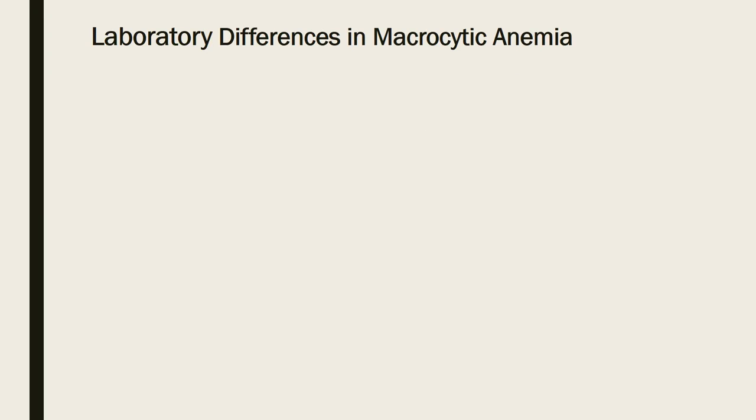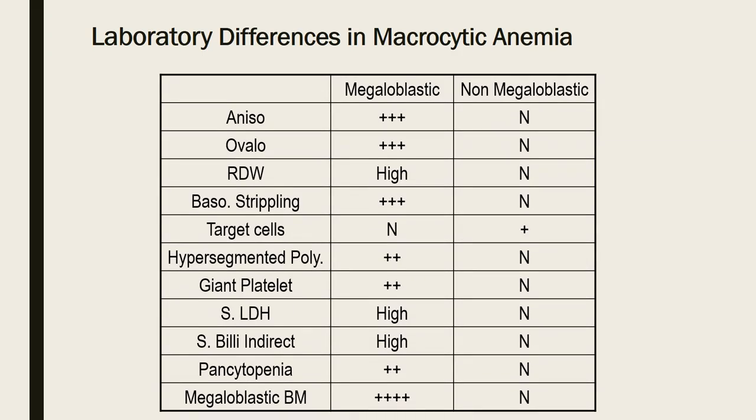Lab investigation to differentiate megaloblastic and non-megaloblastic. So in lab investigation, if anisocytosis is present, that means megaloblastic. If ovalocytes are also present, then think about the megaloblastic. If RDW is high, then think megaloblastic.